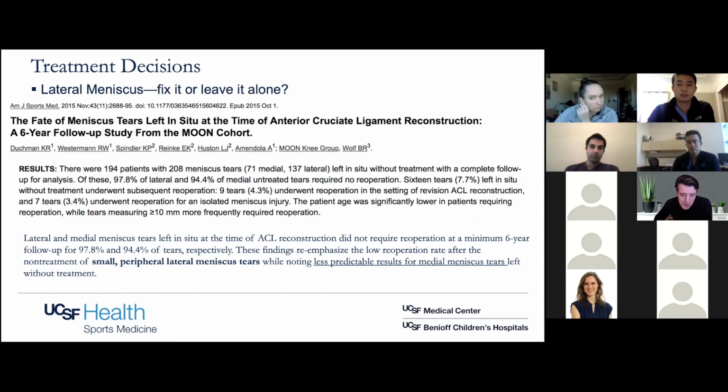But for most of those, even if there's just some question about it, I'll just shoot a truespan across it and not have any concerns for the future. But again, just something to remember, there is data to show that small lateral tears probably don't need to be repaired.